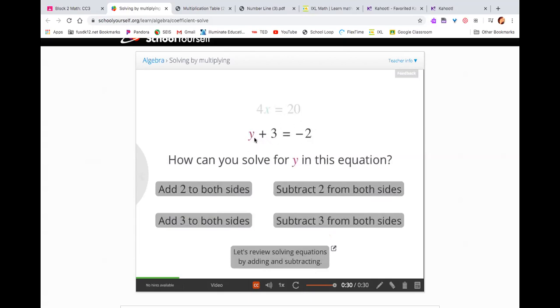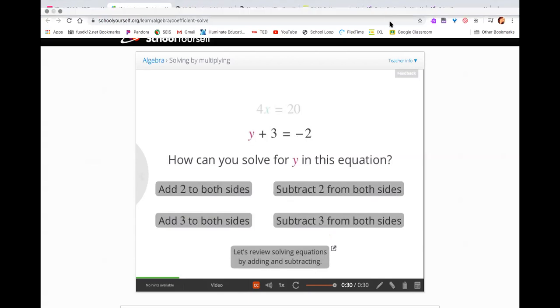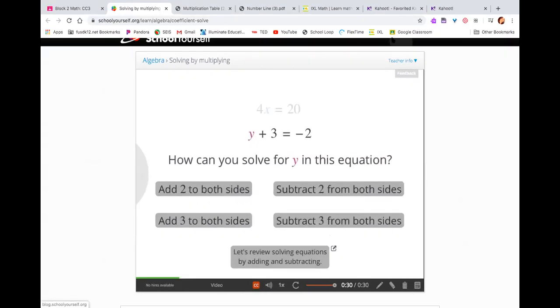And what do we want to do? Add 2. So what Jolene is saying is that she wants to take the 2 and bring it over here to this side. So I'm going to push add 2 to both sides. Oh. Why do I not want to add 2?